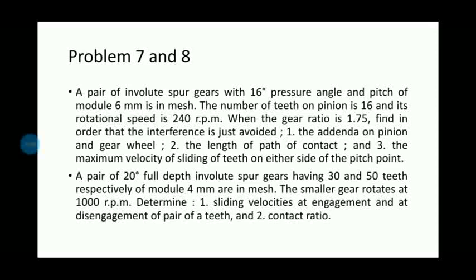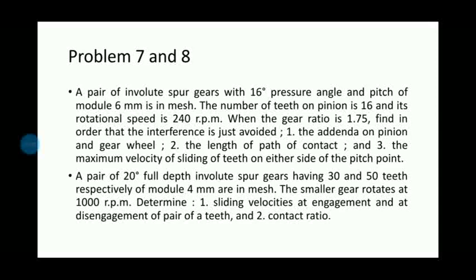Where will that point be? It means the addendum radius is increased up to N or M. When the addendum radius is less than N, it is safe. At N it is the limit, and beyond N undercut and interference occur. So the point where it is just avoided means the addendum radius equals C2N or C1N.